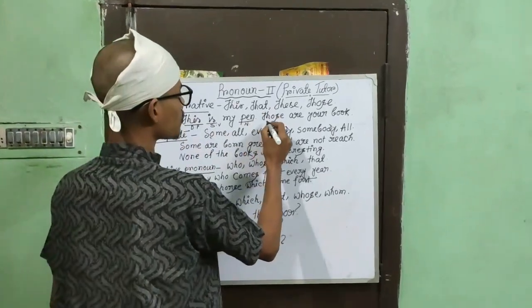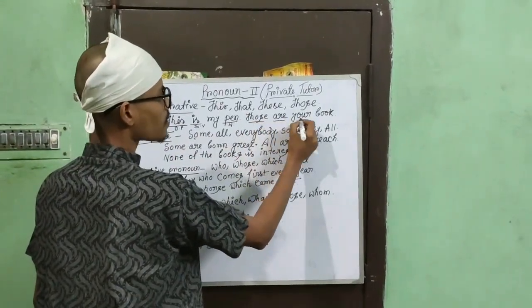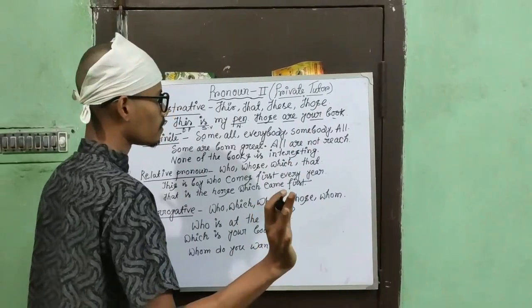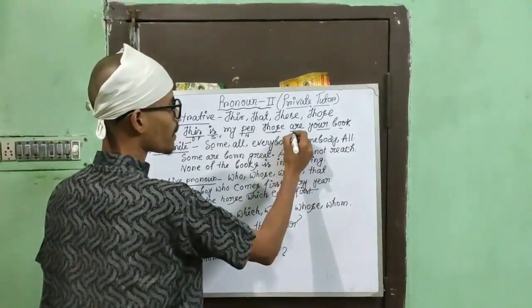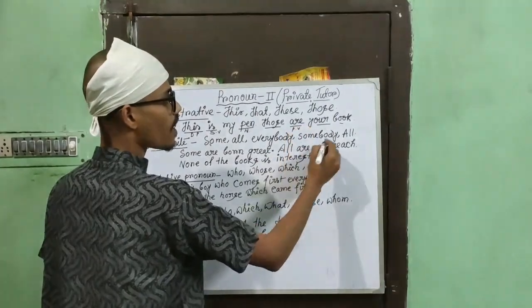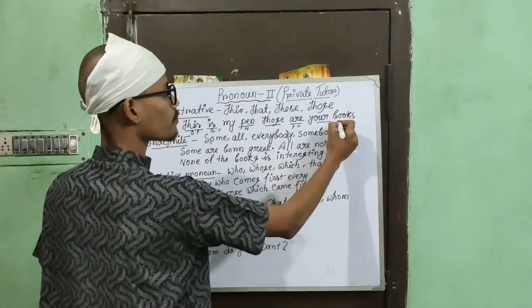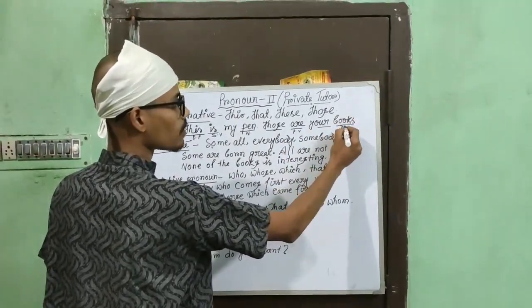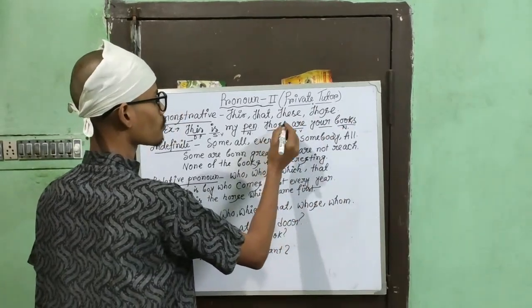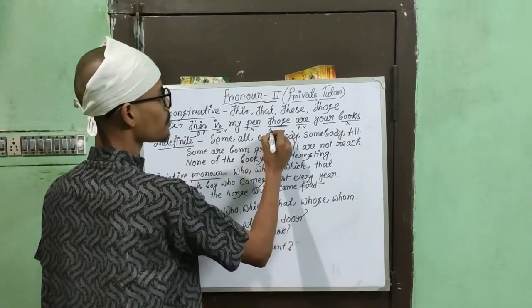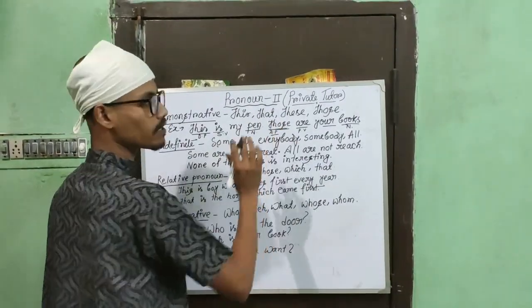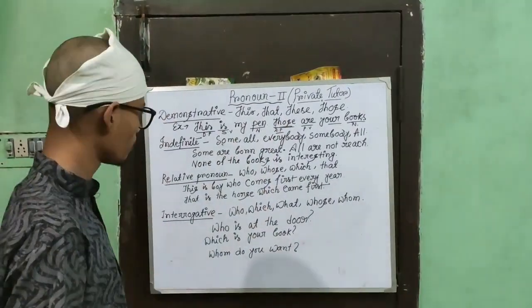In the next sentence you can see, those are your books. Watch carefully. Those is plural, followed by a plural verb and plural noun. That's why those is considered as the demonstrative pronoun in plural sense. I hope it is clear to you right now.